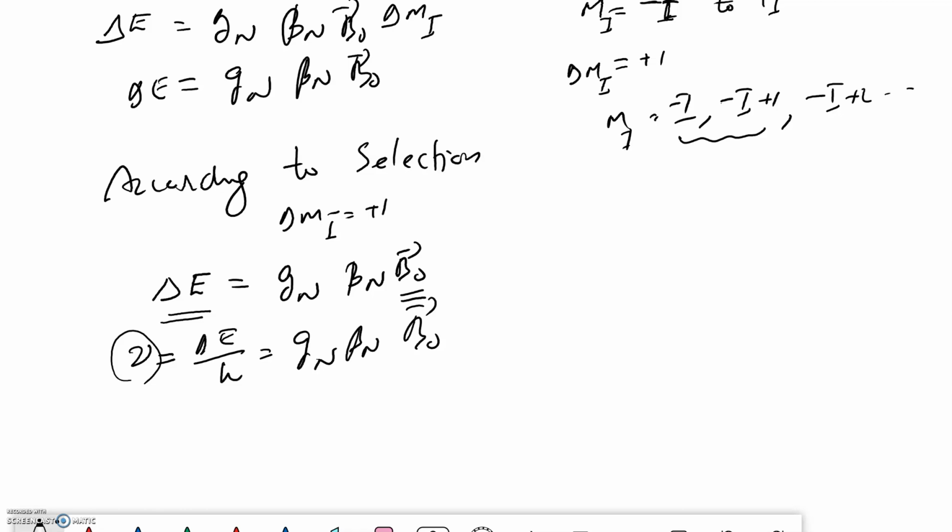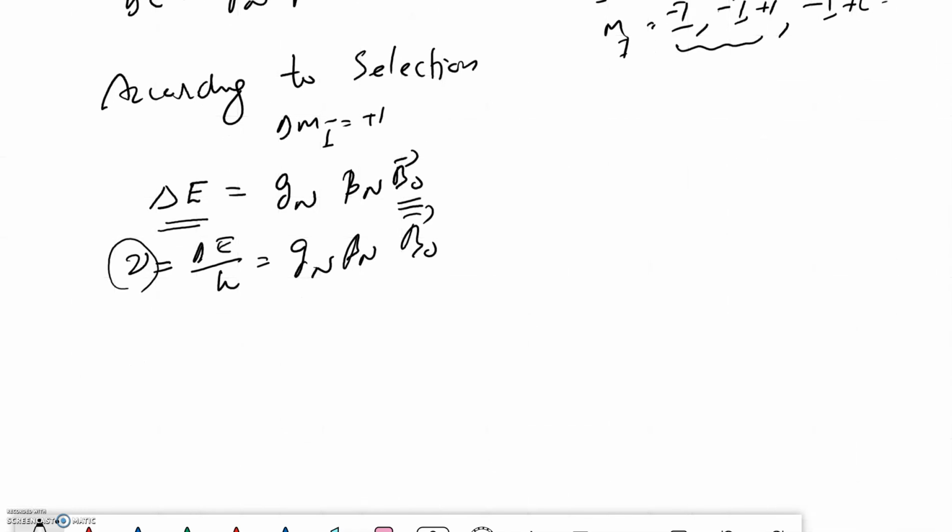Here, the interaction is between the oscillating magnetic field of the electromagnetic radiation and the nucleus. Therefore, this transition is called a magnetic dipole transition.